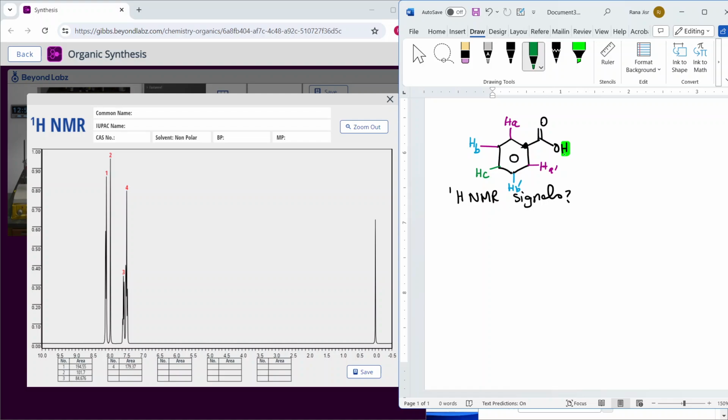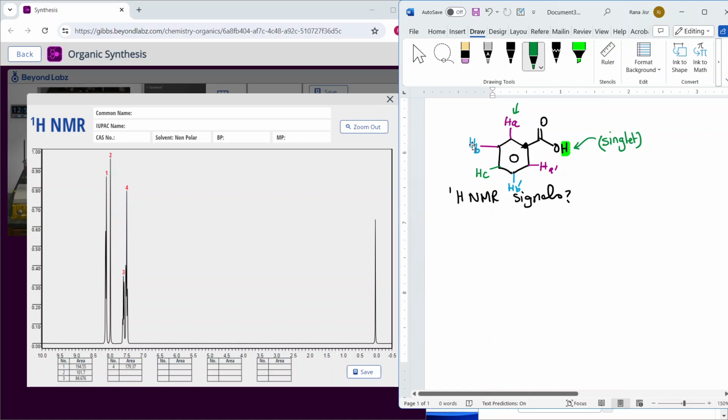If I want to look at the multiplicity, we said that for carboxylic acids, the hydrogen of the alcohol is not split by any neighboring hydrogens, so it always is going to appear as a singlet. Singlet means one peak. Hydrogen A will be split by the neighboring hydrogen.